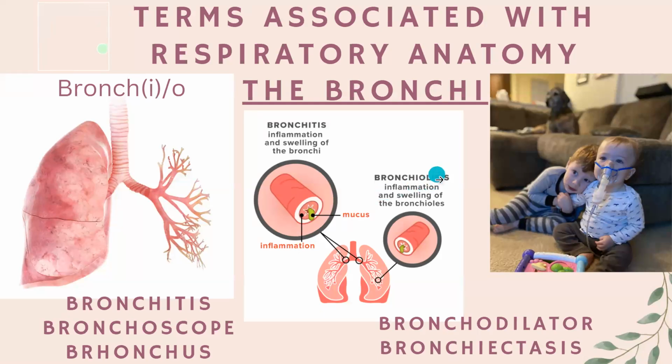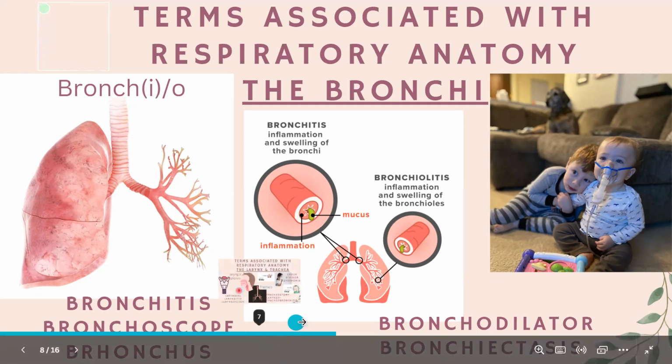If it's bronchiole, adding that OL, then we're talking about the smaller branches. The example here is bronchitis versus bronchiolitis. Bronchitis is in our bigger bronchus, bronchiolitis in our smaller branches.